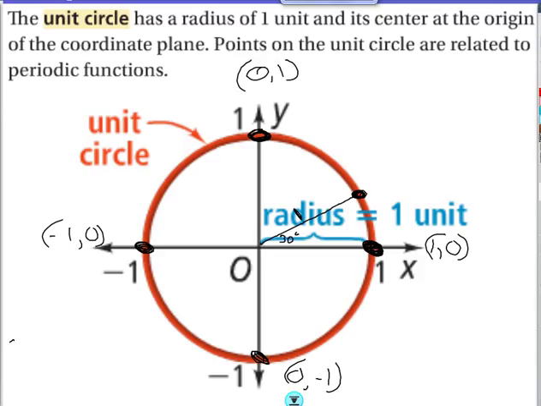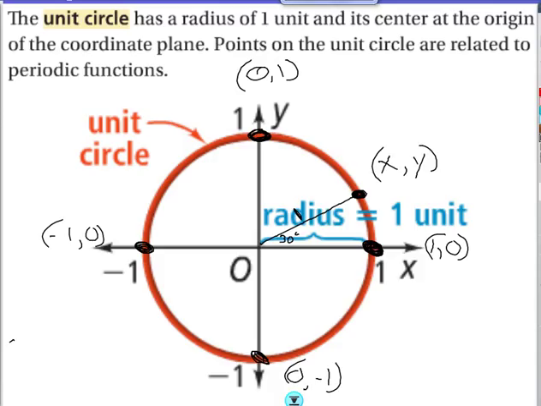Algebraically, the coordinate of that point, do I know what the coordinate of that point is? Say no. No, you don't. But I know it has a what? X value and a Y value. That's the way coordinates of points are made, with an X value and a Y value.